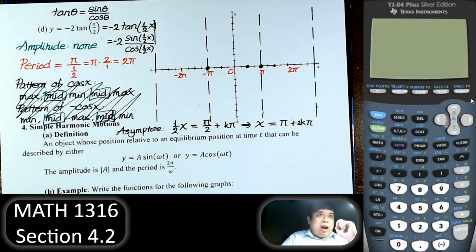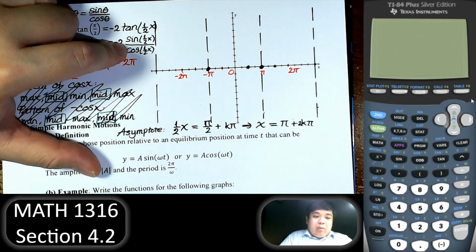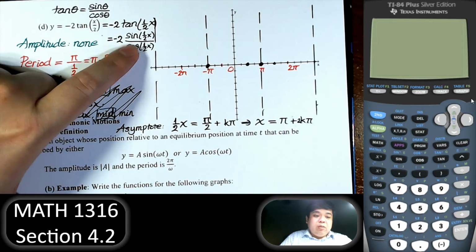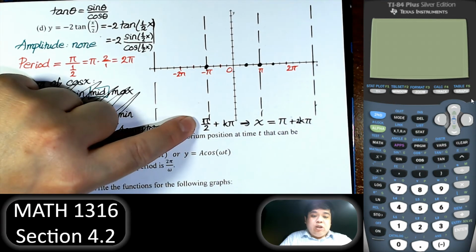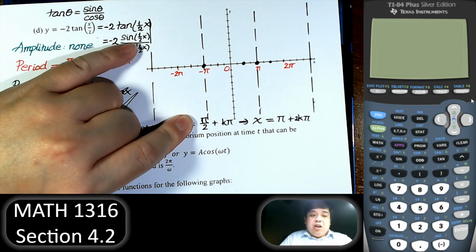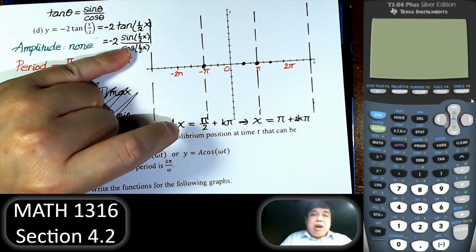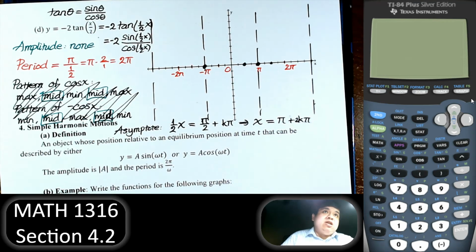Find where the bottom equals 0, where cosine equals 0, which is pi over 2 plus k pi. The angle though is 1/2 x, so that's why we have 1/2 x equal to that. That gives us the asymptotes.